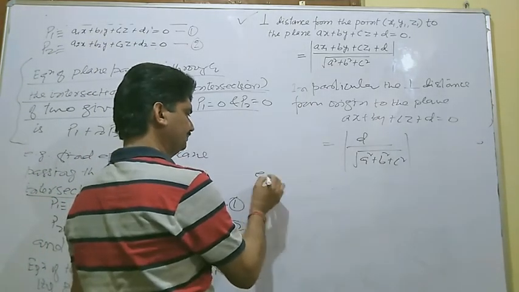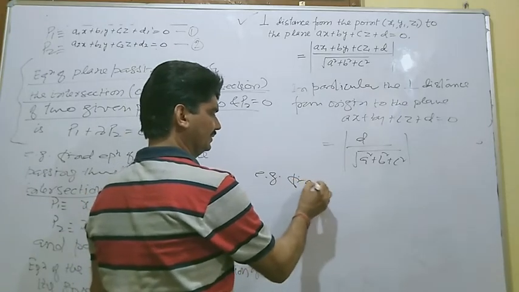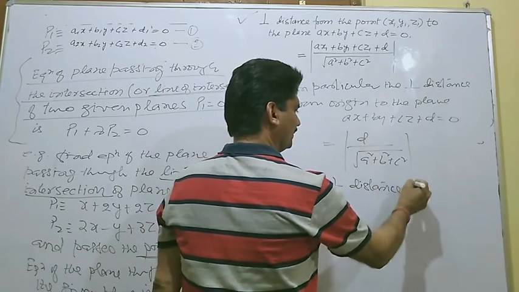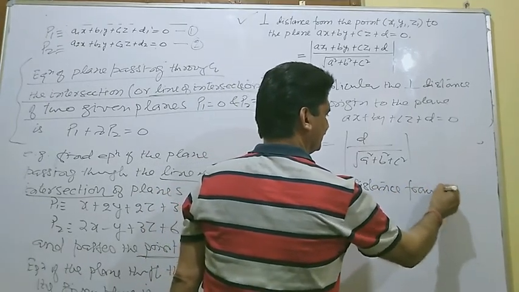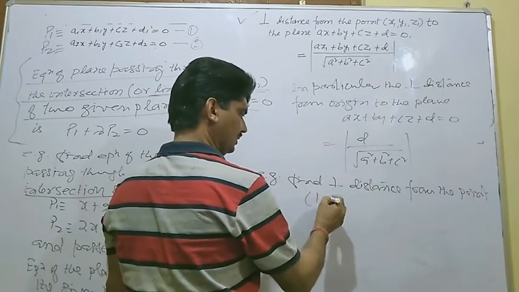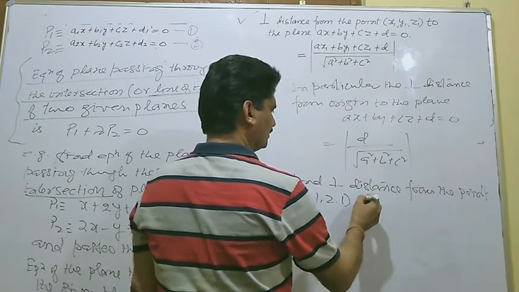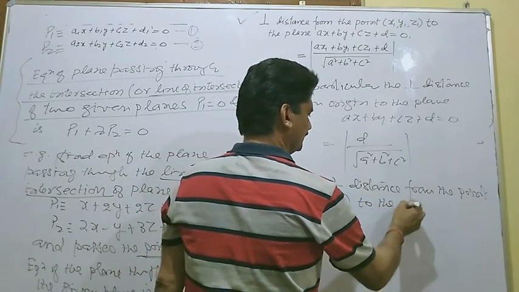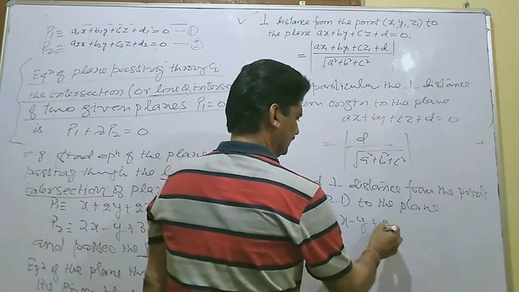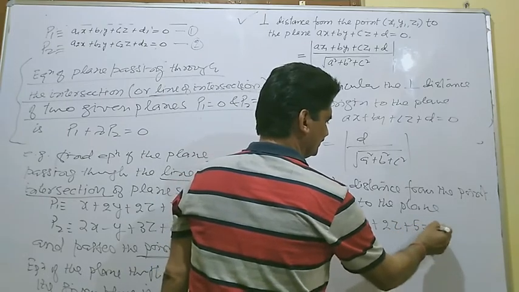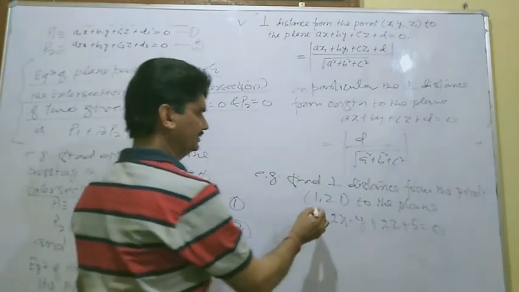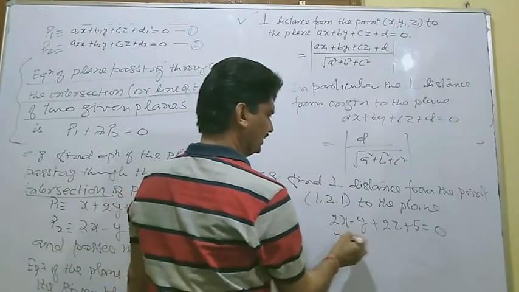For example, find the perpendicular distance from the point (1, 1, 1) to the plane 2x minus y plus 2z plus 5 equal to 0. So as per our article, the point is x1, y1, z1 and the plane is this.